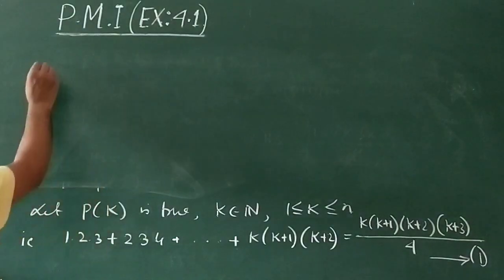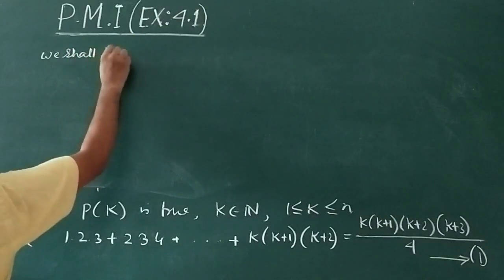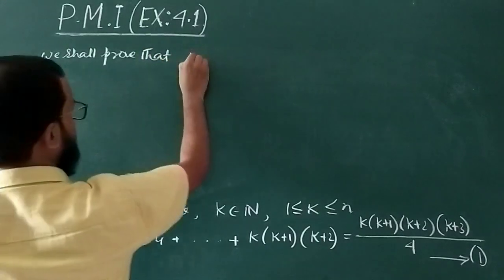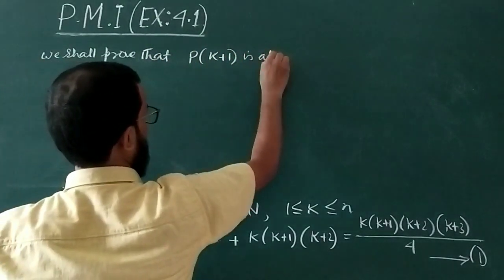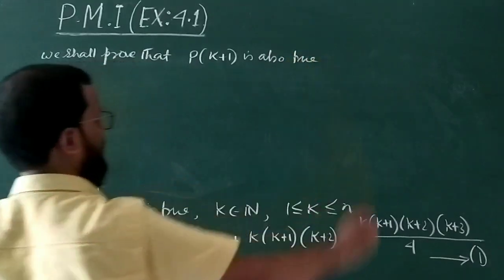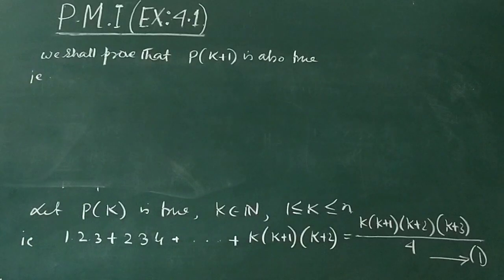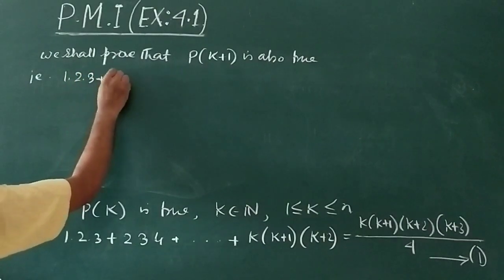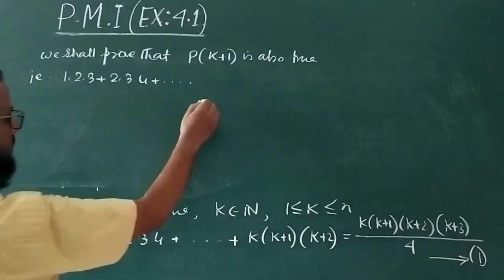Now we shall prove that Pk plus 1 is also true. That is what you are going to prove, that Pk plus 1 is also true means you are to prove that 1 into 2 into 3 plus 2 into 3 into 4 plus dot dot dot.